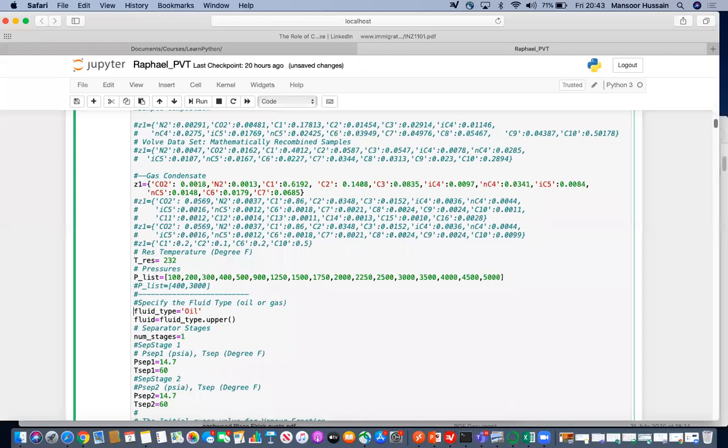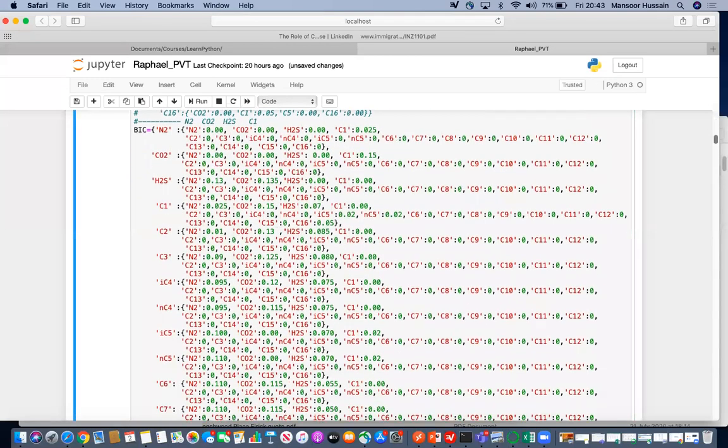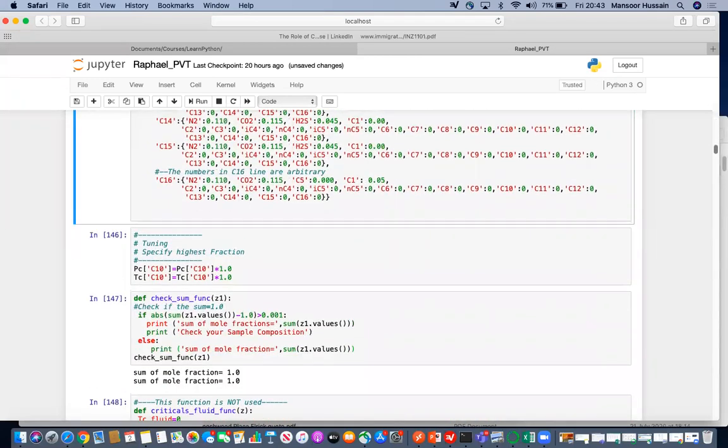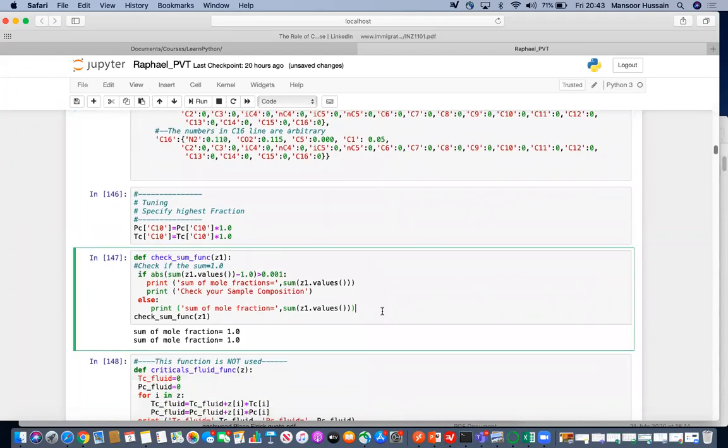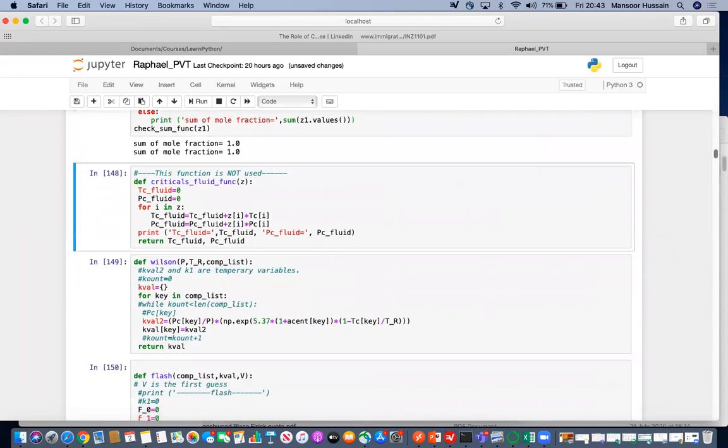I can't remember, but I need to specify that the fluid type is gas. Once again, the sums are okay.